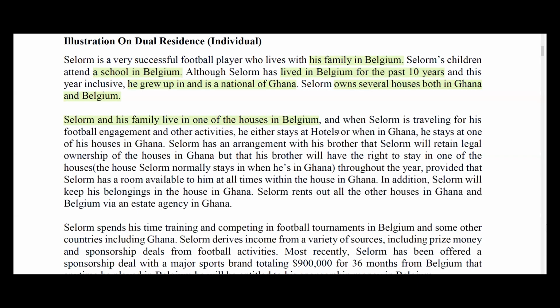Habitual abode. It could be permanent home too. Anyway, let's continue. Don't worry, that's how we learn. We learn by practicing, right? And when Selom is traveling for his football engagements and other activities, he either stays at hotels, or when he is in Ghana, he stays at one of his houses in Ghana.